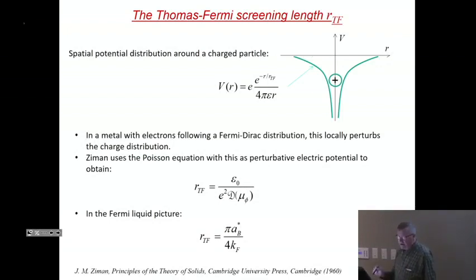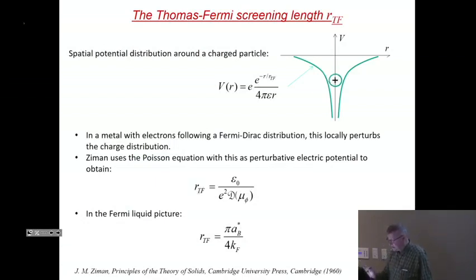Okay, so in a metal in which you have Fermi-Dirac distribution functions, this impurity will locally perturb the charge distribution, and it might eventually trap an electron. So we have to calculate R_TF here, the length scale over which this happens. And Thomas does that by using a Poisson equation around this perturbing potential.